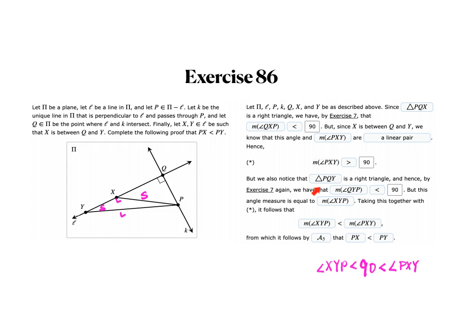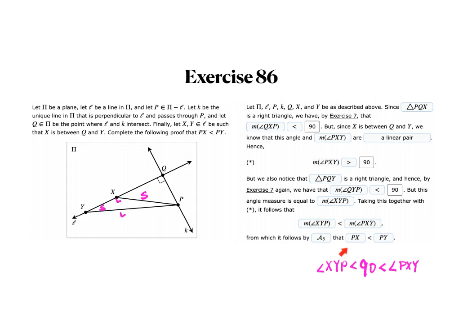We also notice that triangle PQY here is a right triangle, and hence by exercise 7 again, we have the measure of angle QYP here is less than 90 degrees because it's an acute angle of a right triangle. But this angle measure is equal to the measure of angle XYP. XYP, they're the same angle. Taking this together with star, it follows that the measure of angle XYP is less than the measure of angle PXY.